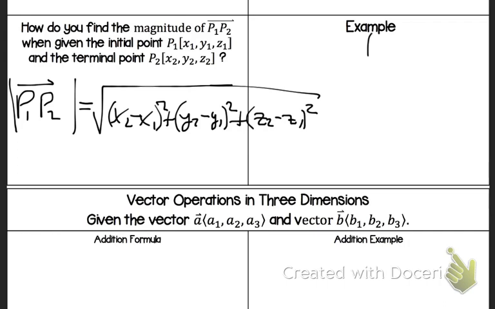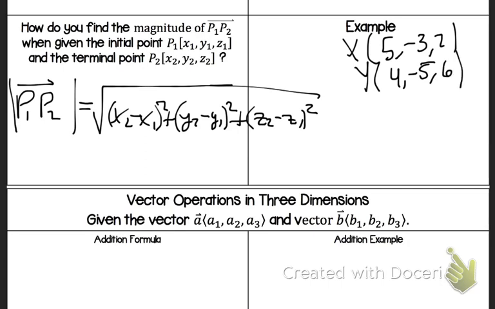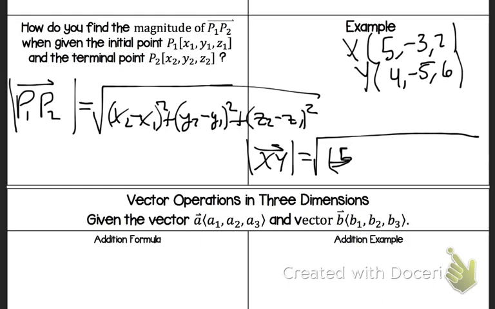So again, if we have our points x, 5, -3, 2, and y, which was 4, -5, 6, to find the magnitude of xy we would do square root of 5 minus 4 squared plus -3 minus -5, which is -5 plus 3, I guess.